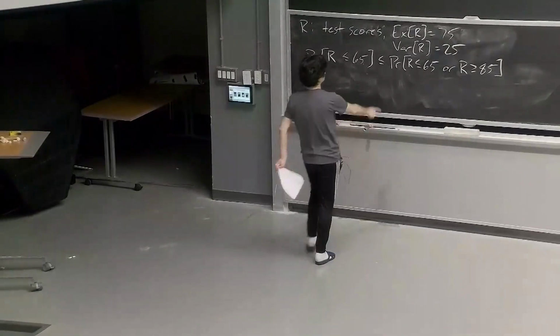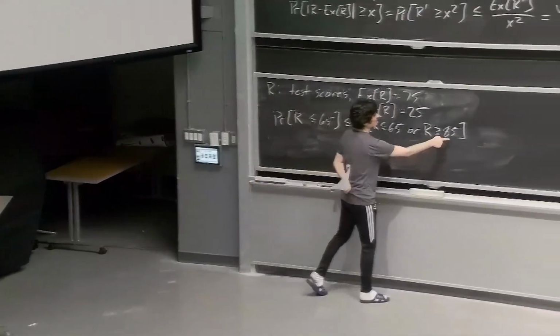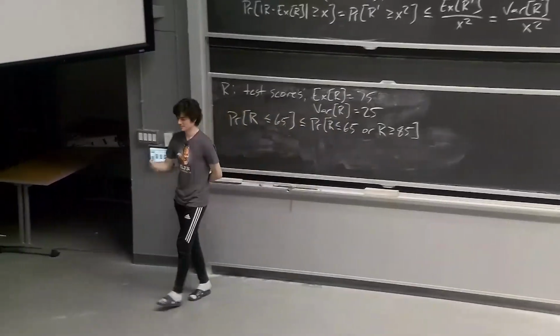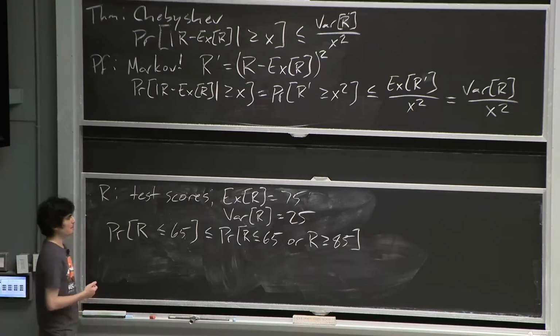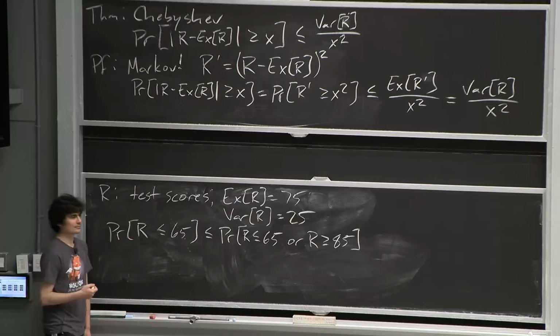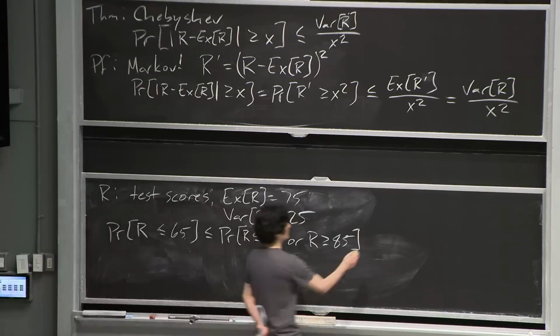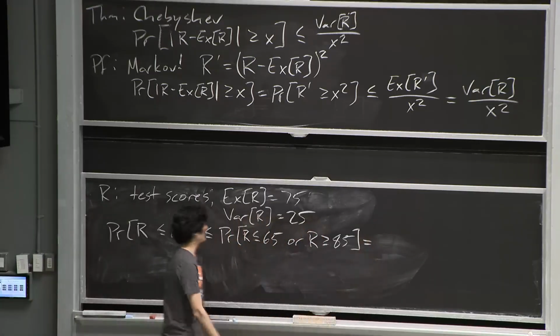So this is only increasing the probability if we add in this extra half of the event. And what do we know about this probability?